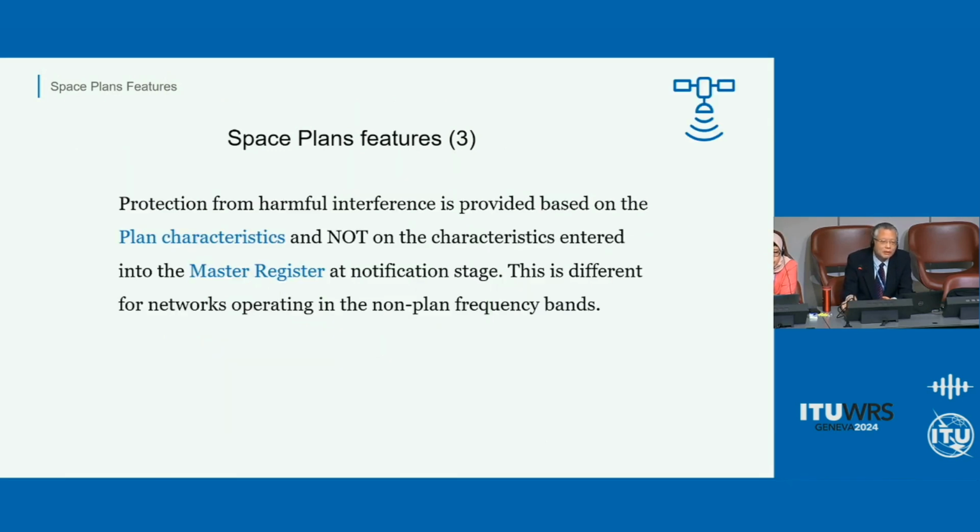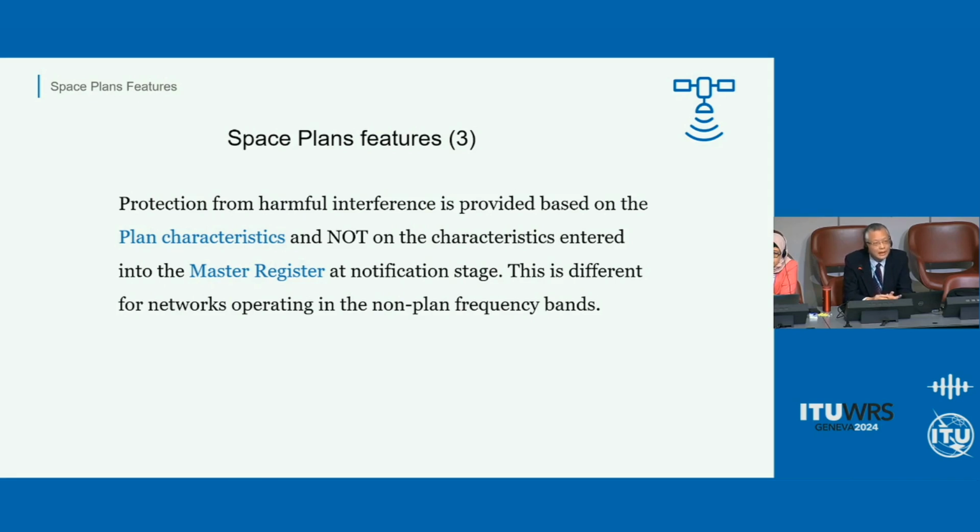Another important feature which is different from the non-plan bands is that in the non-plan band, the final characteristics are recorded in the master register, MIFR. And in calculation, if it's already recorded, we take the characteristics of the network and take that into account in calculation. But for plan bands, as you know, the plan is reserved resources for future use.